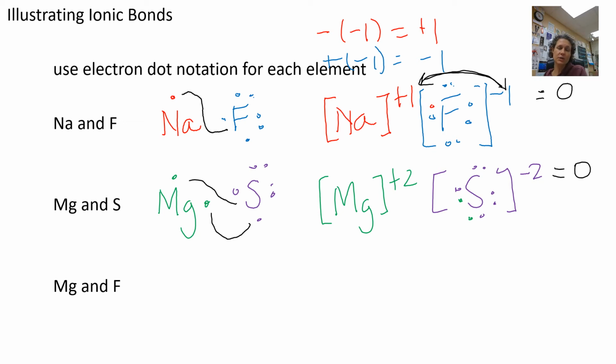Okay, now the last one, there's a little extra step to it. Magnesium, we already said, is Mg, and it's got 2. And then we've got, let's see, we'll do our fluorine blue again. Fluorine has 7 electrons already.